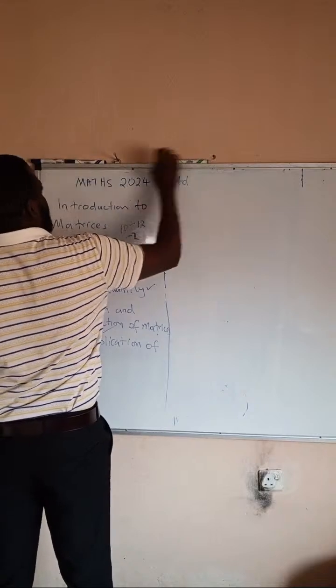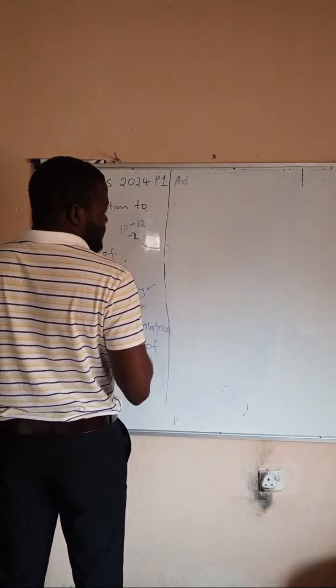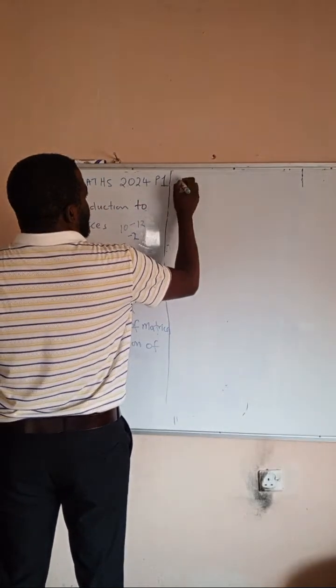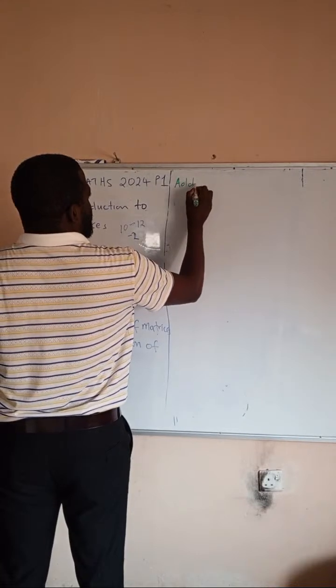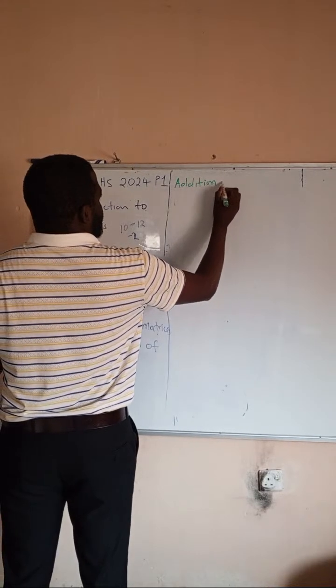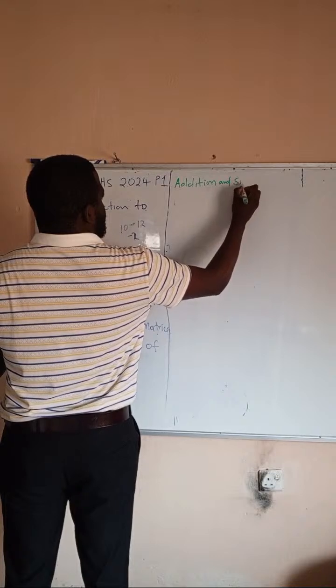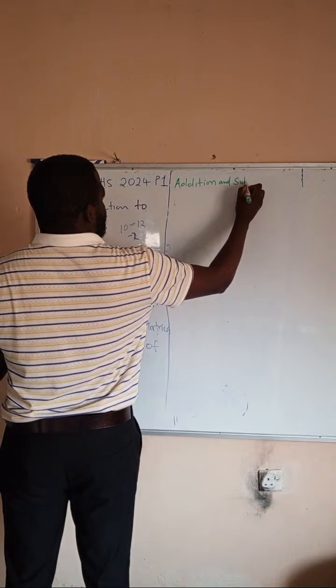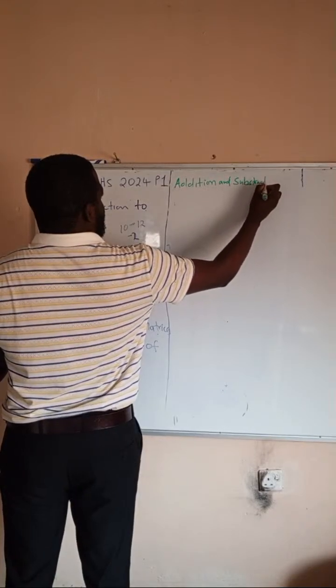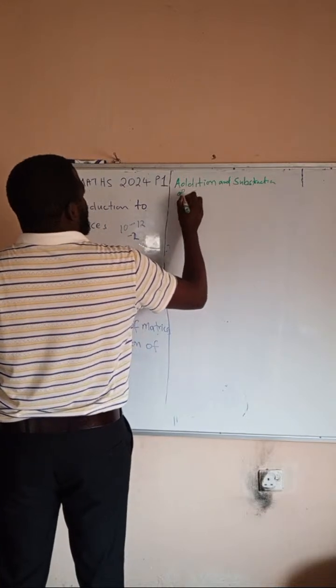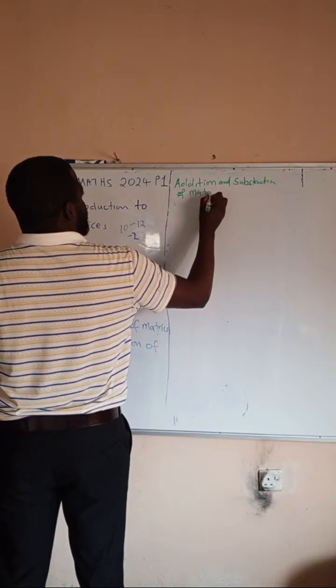Let's look at a new marker. I hope this one is clear. So we have got addition and subtraction of matrices.